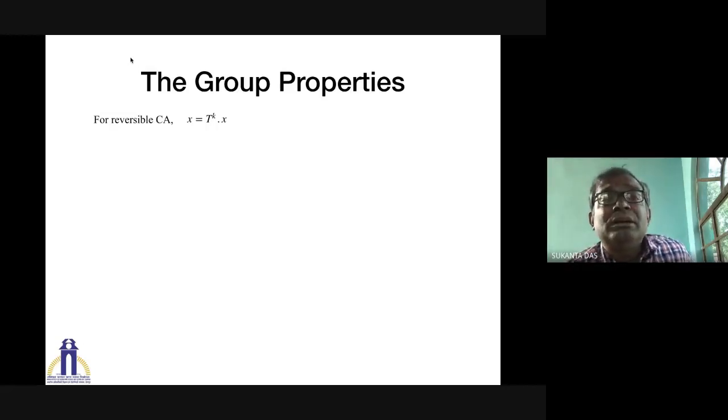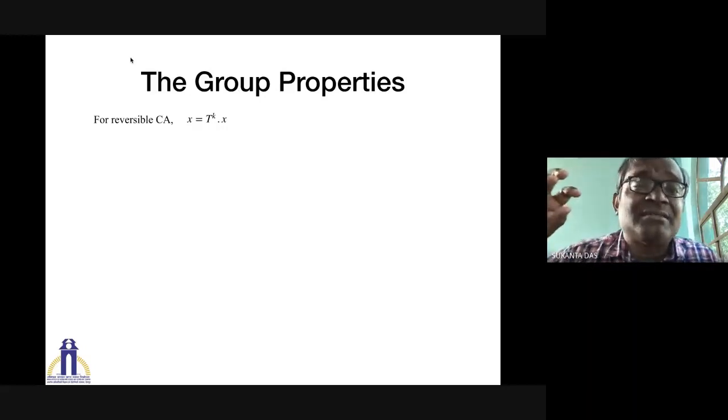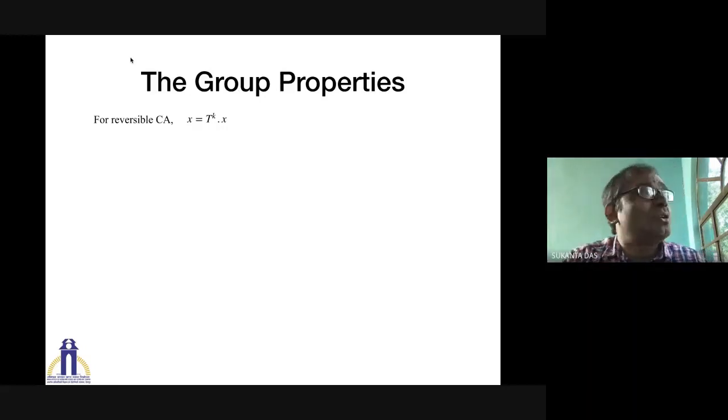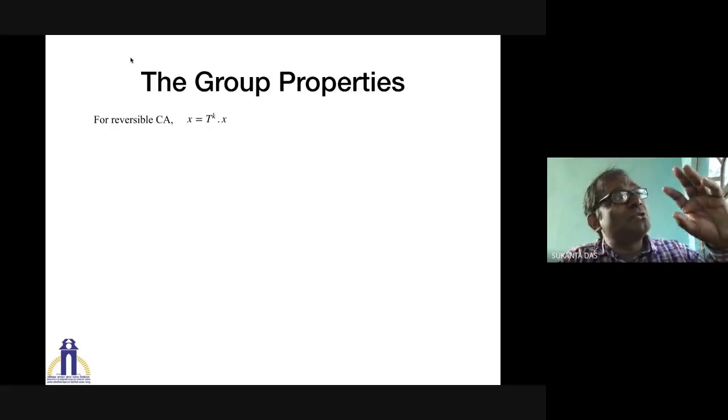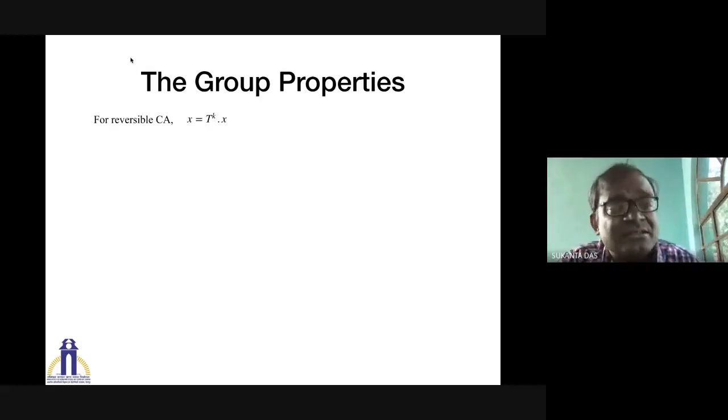So we get that for a reversible CA, a configuration, say the configuration is X, will return back to its original configuration. So after some evolution, if I start from X, I'll get back X again.